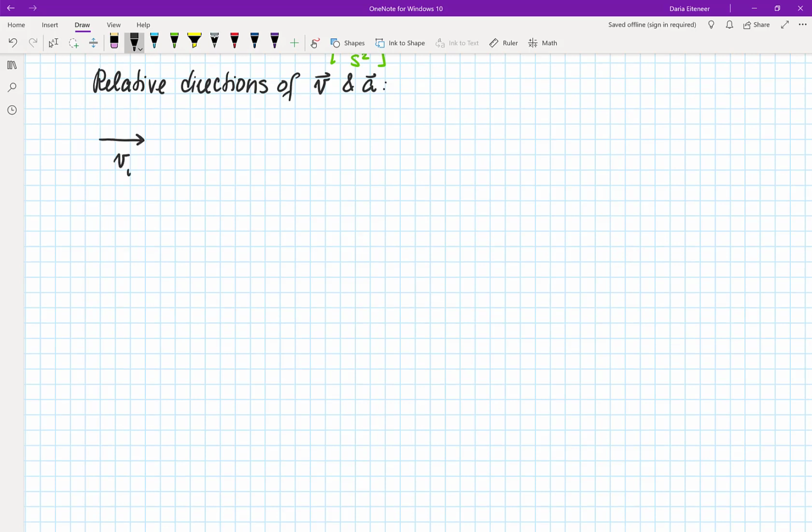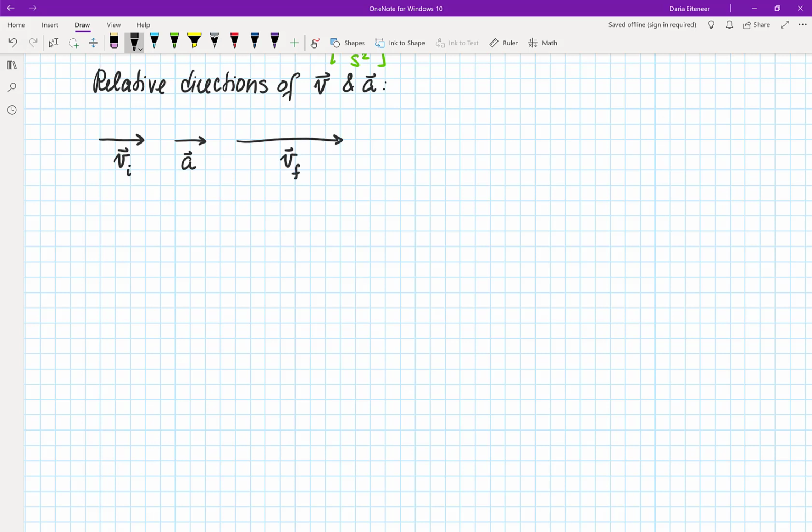Let's say I have initial velocity like this, pointing to the right, and there is also acceleration pointing to the right. For example, we have a car that's already driving to the right, and then the driver steps on the gas, and the car also accelerates to the right.